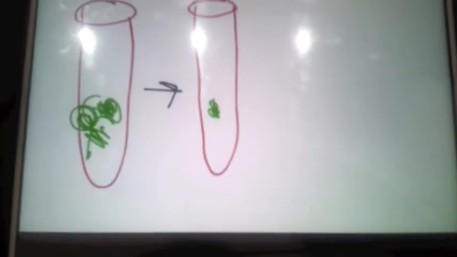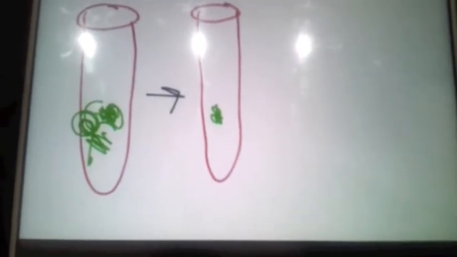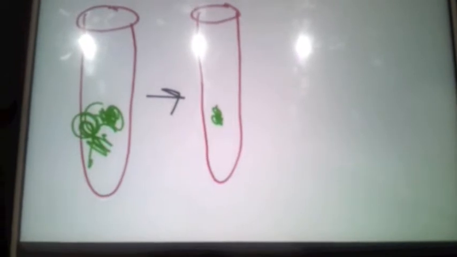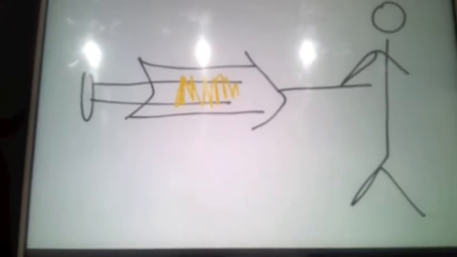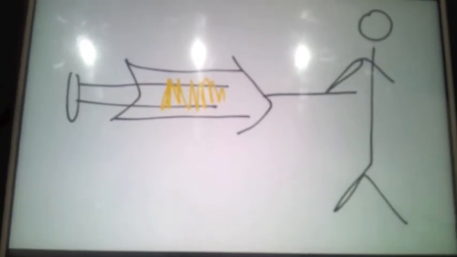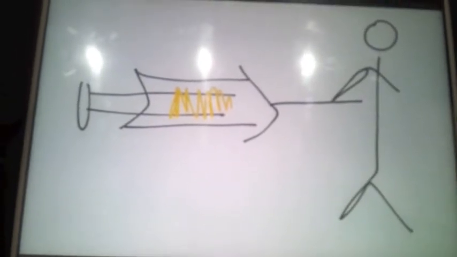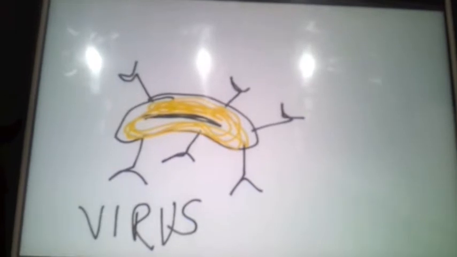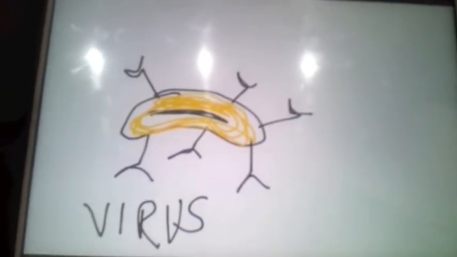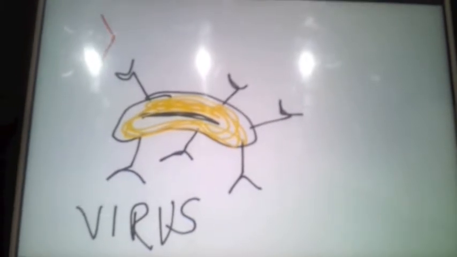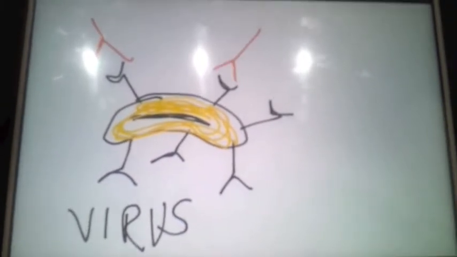Because it forgets how to protect itself, the weaker strains are then moved to other test tubes. The weak strains are then injected into the patient. Once injected, the body creates antibodies to the weaker strains, thus preventing it.